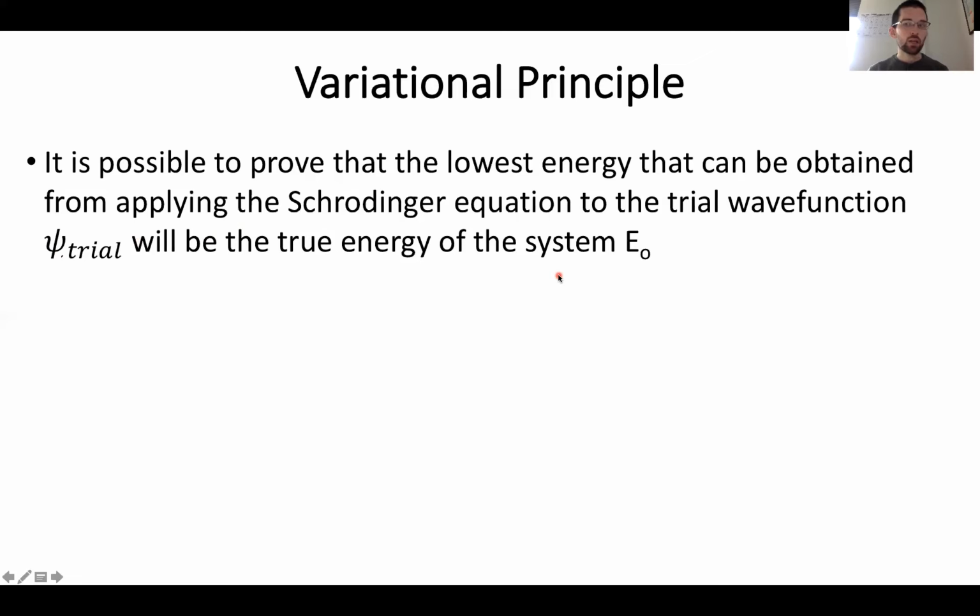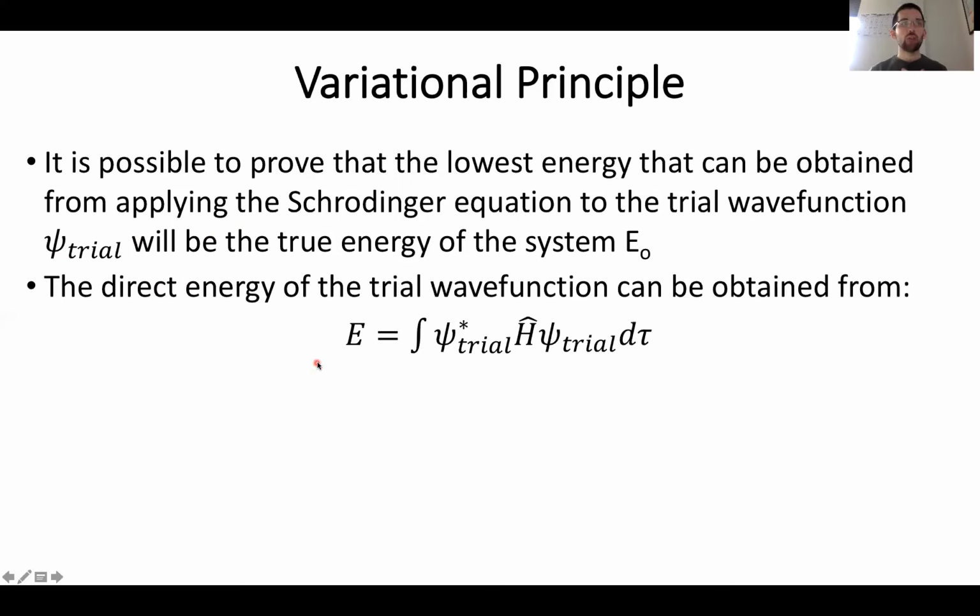So where we can essentially start is by starting with this trial wave function and applying the Hamiltonian to it. Because this trial wave function might not be an eigenfunction of the Hamiltonian, we're going to essentially generate it in the form of an expectation value.